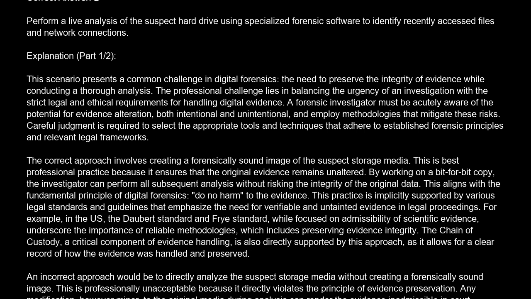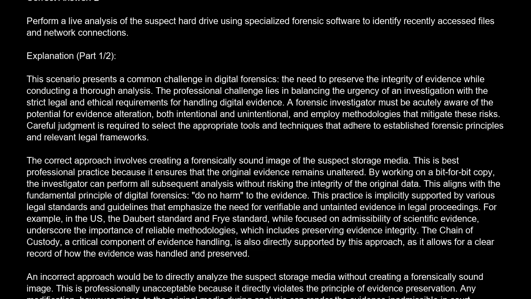By working on a bit-for-bit copy, the investigator can perform all subsequent analysis without risking the integrity of the original data. This aligns with the fundamental principle of digital forensics: do no harm to the evidence. This practice is implicitly supported by various legal standards and guidelines that emphasize the need for verifiable and untainted evidence in legal proceedings.